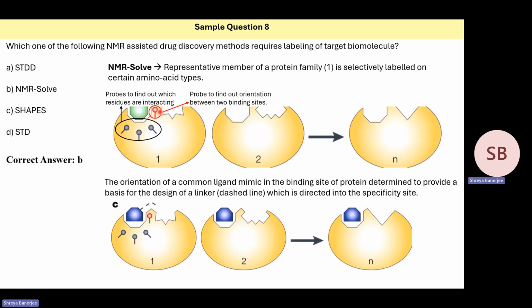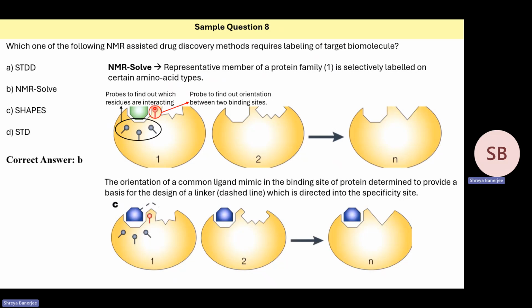And the second kind of probe shown by red here will tell us how to design the linker. So the orientation of the common ligand mimic in the binding site is determined to provide a basis for the design of a linker which is directed into the specificity site. The second site is called the specificity site because it is different in each member of the protein family.